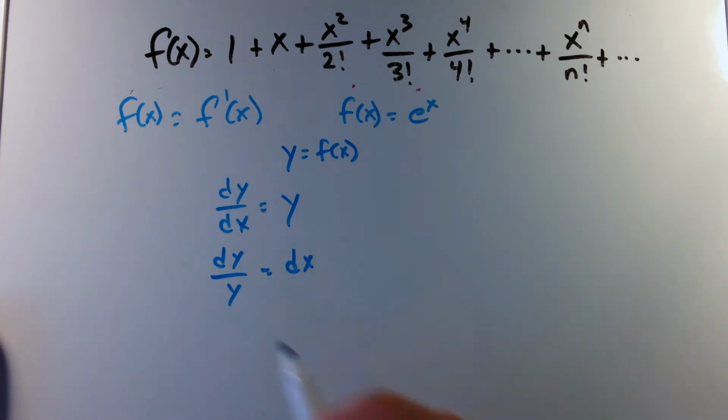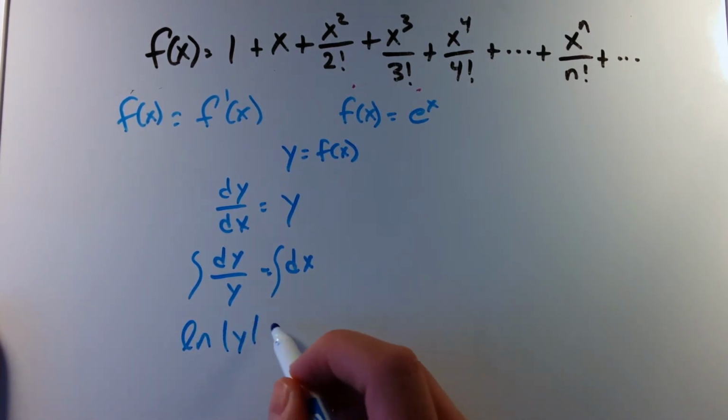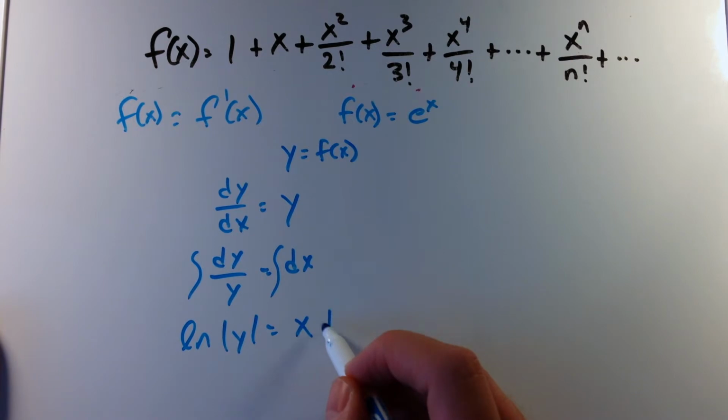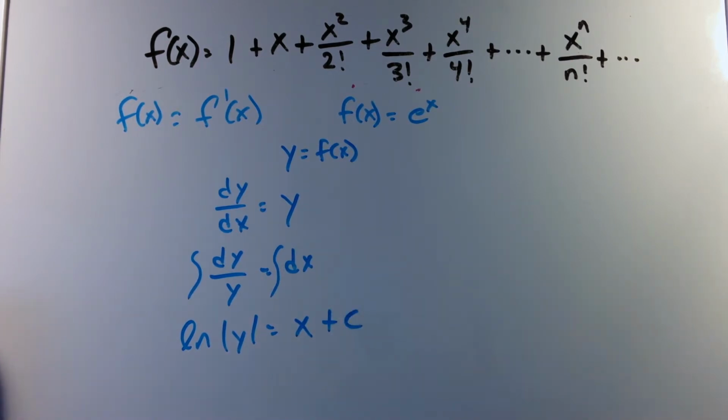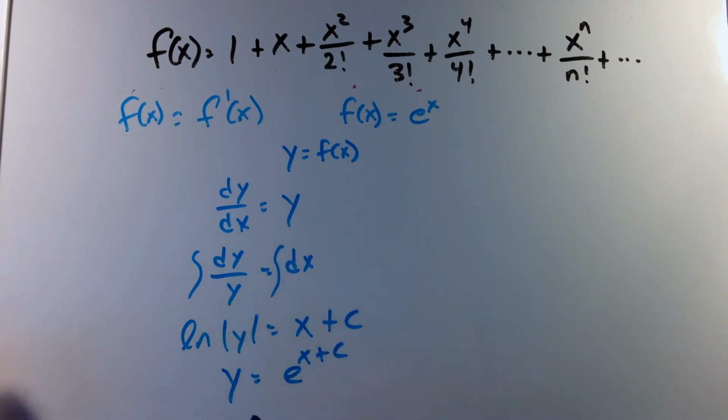Okay, let me integrate this on both sides, and now I have the natural log of y equals x plus c. Now let me solve for y here. I can take both to the e power, and I'm left with y equals e to the x plus c. And with our rules in calculus, calc 1, we know this ends up just being y equals k e to the x, k being a different constant.